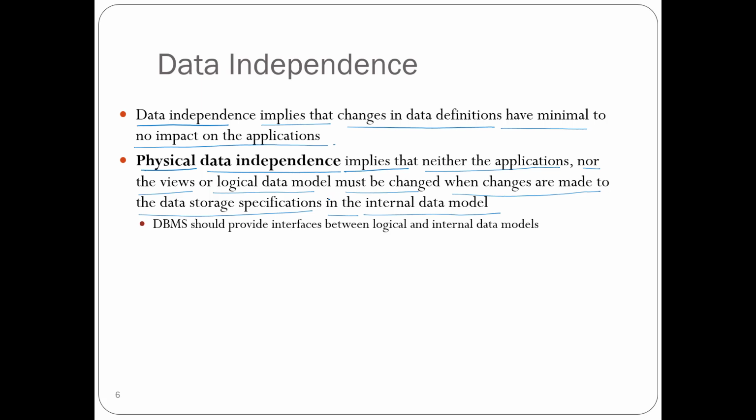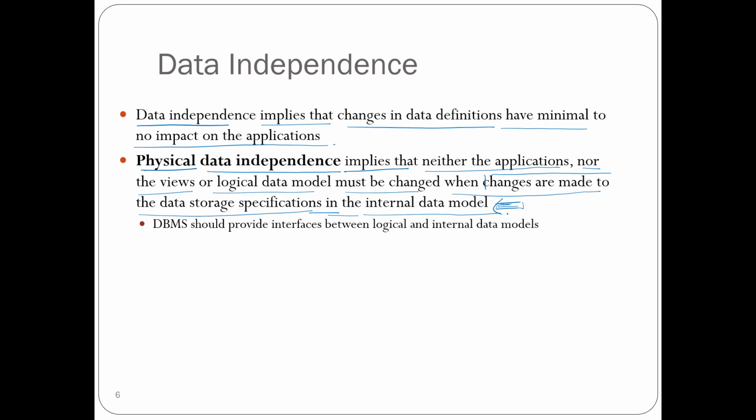So physical data independence says that the changes that we are making, where are we making the changes? The changes that are made to the data storage specification, which means the changes that you are making at the internal data model, right?